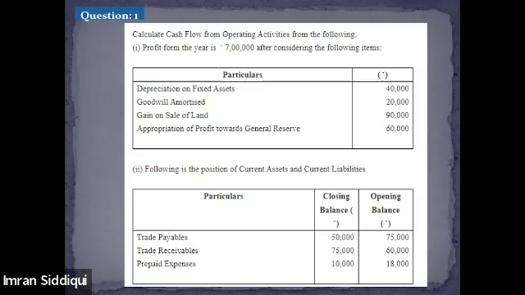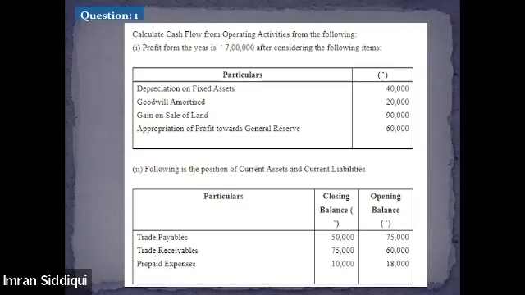Then the following is the position of the current asset and current liability. Opening and closing balances of the current asset and current liability are given to you. Now, taking all of this information into consideration, we need to find out the cash flow from the operating activity.